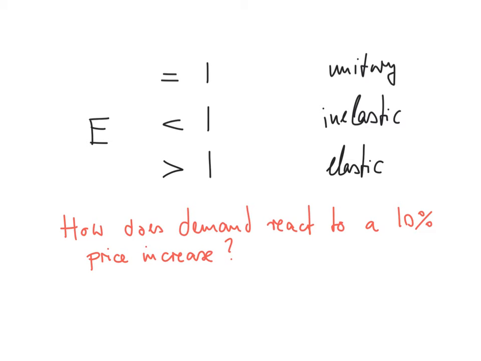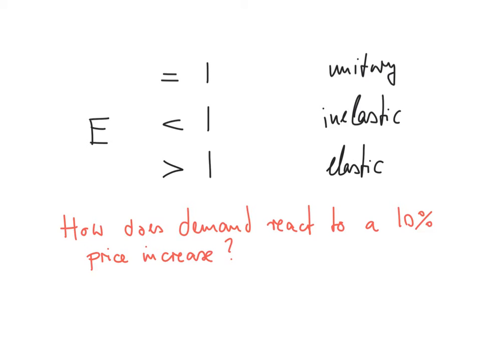So let's ask for example, how does demand react to a 10% price increase? Well, first of all, we would expect that demand goes down. If we increase price, we are expected to sell fewer products, and that's also reflected in the demand equation in our case. It's a decreasing function of price.